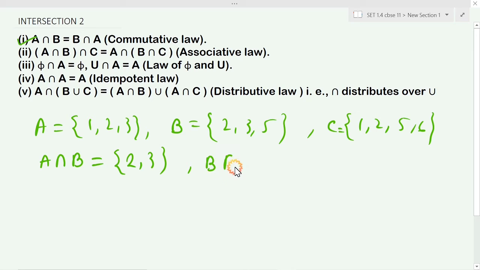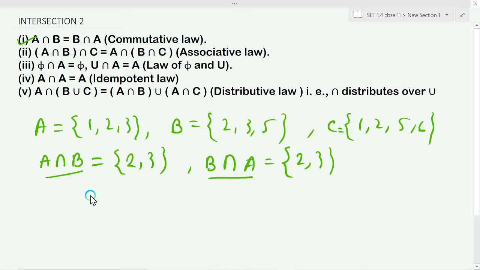Now B intersection A. B intersection A is the set which contains the elements which are common in B and A. So this also contains 2 and 3. We can see that A intersection B and B intersection A contain the same elements, that is 2 and 3.